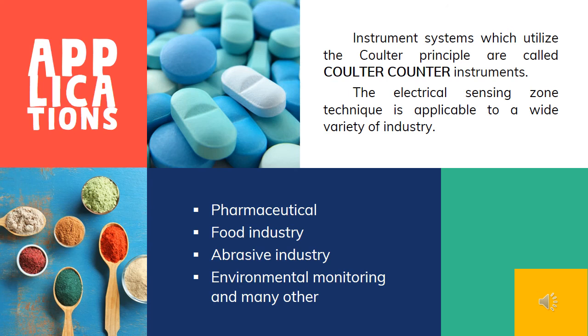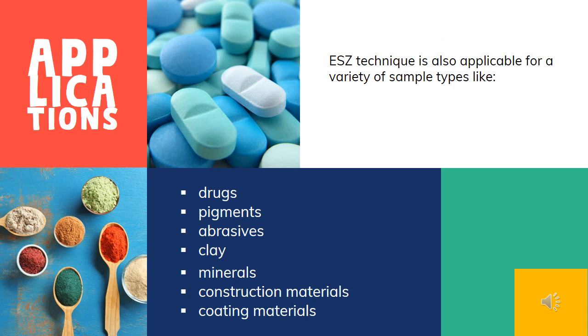Useful applications of electrical sensing zone can be found in the food industry, abrasive industry, environmental monitoring, and many others. It is also applicable for a variety of sample types like drugs, pigments, abrasives, clay, minerals, construction materials, and coating materials.